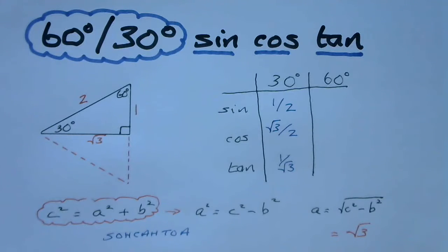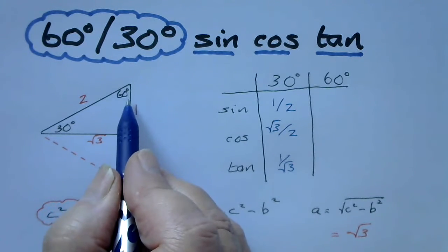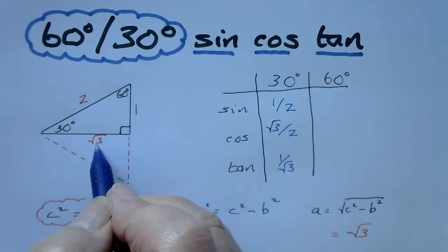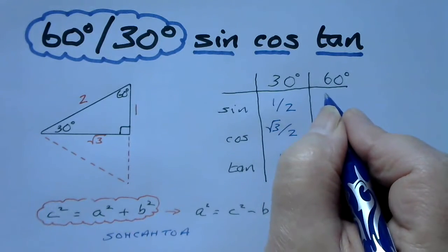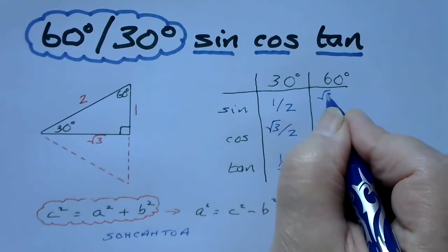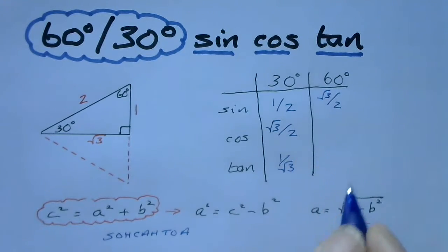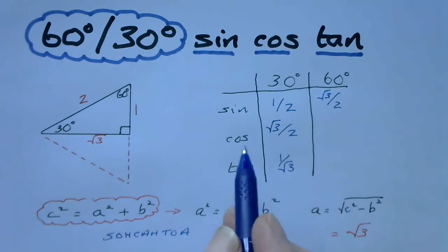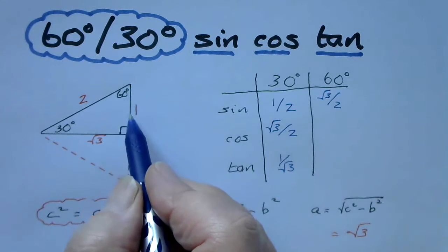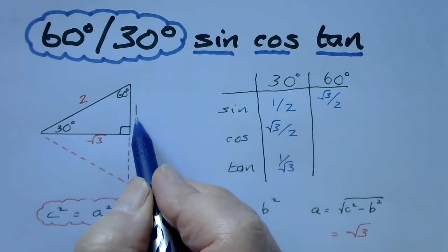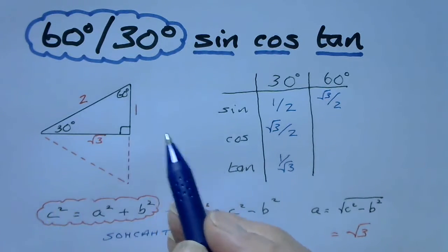Now then, let's have a look at 60 degrees, shall we? So here's my 60 degrees. So sine is the opposite over hypotenuse. So that gives me root 3 upon 2. And the cosine of 60 degrees is the adjacent divided by the hypotenuse.